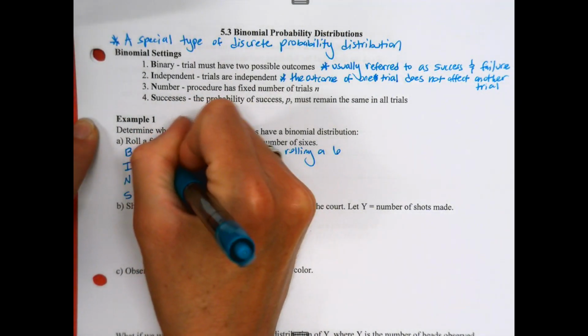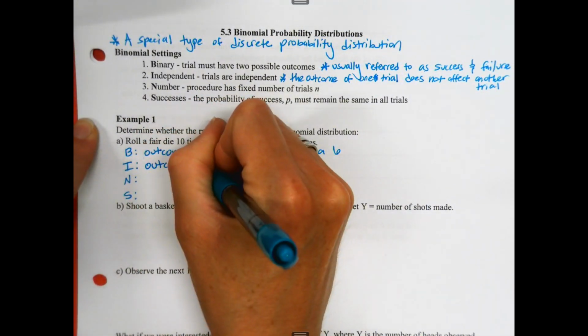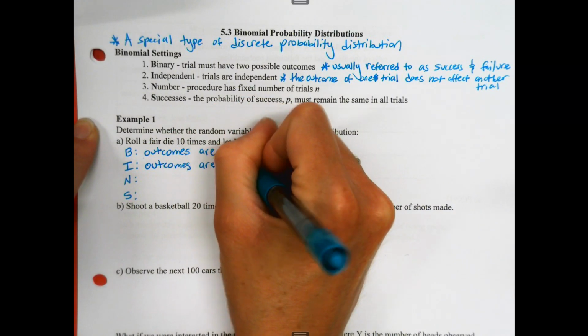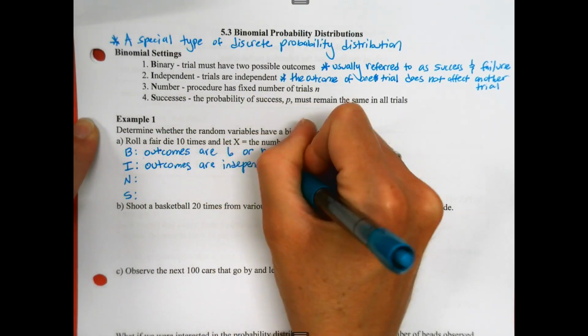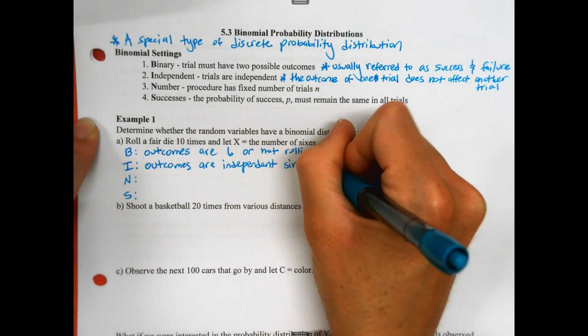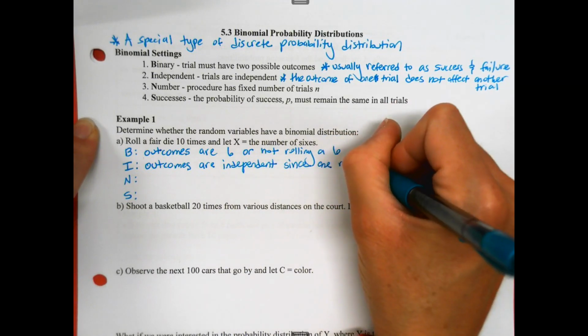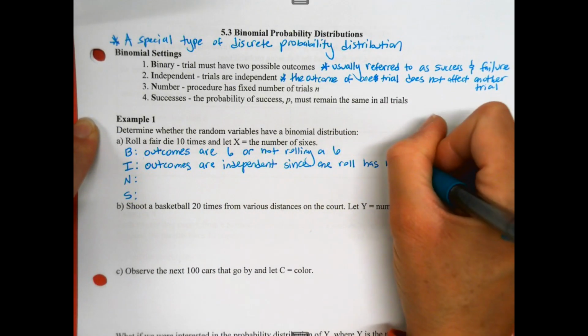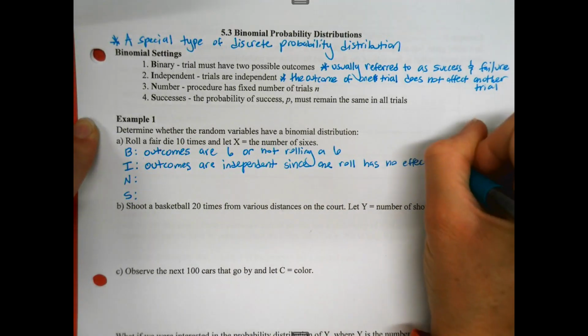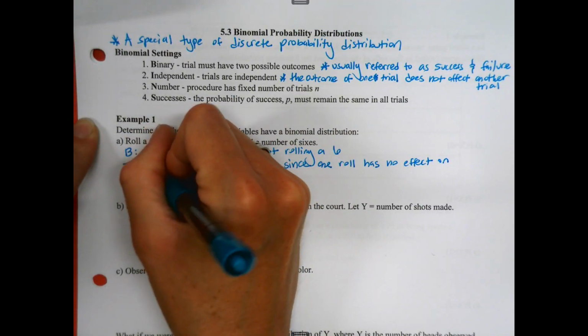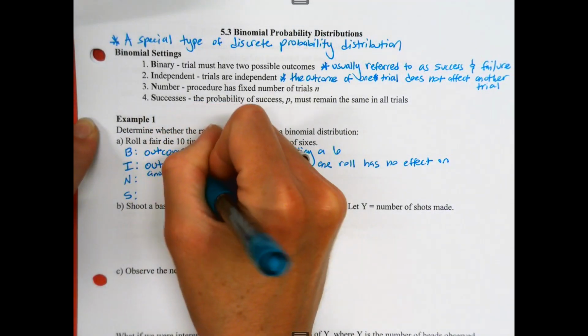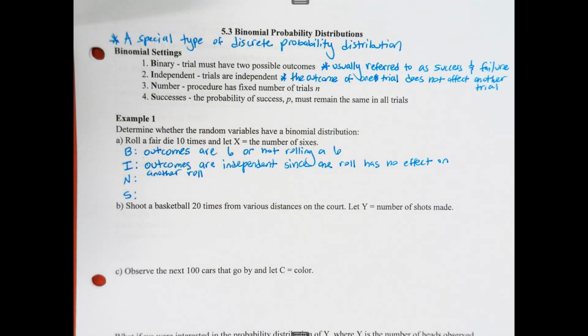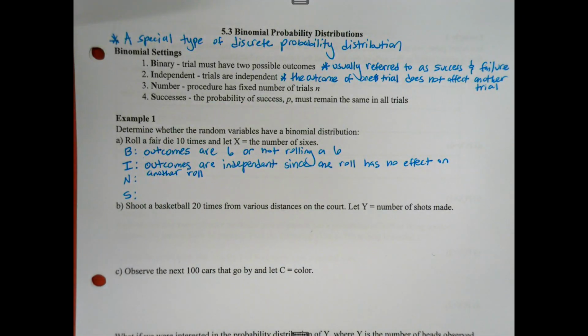Well, the outcomes are, in fact, independent, since one roll has no effect on another roll. The outcome of the first time we roll the dice does not affect the outcome of the next time that we roll it.